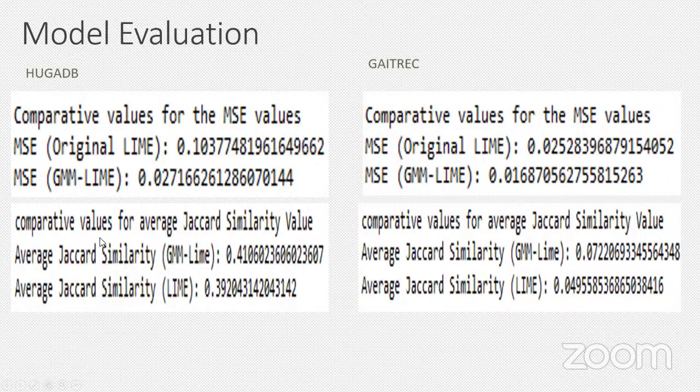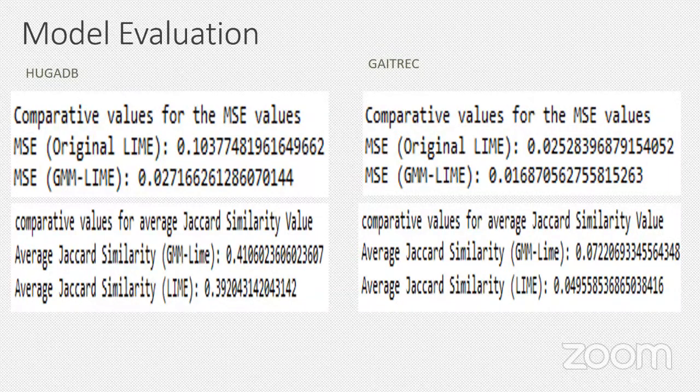Now, when we did the comparison using the Jaccard similarity value, the work of similarity value is to show how close the result is to the truth. We could see the Jaccard similarity for GMM is at 0.41, while the other one is at 0.39. So still better, but not as much as we would wish to attain at the end of it all.